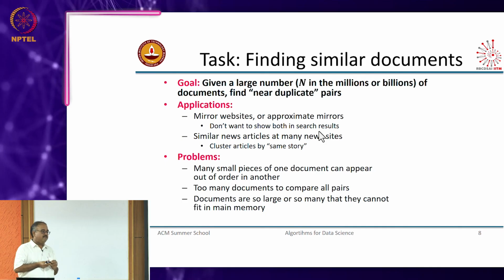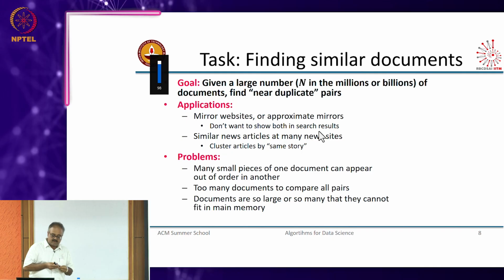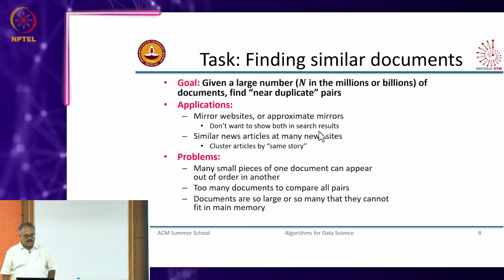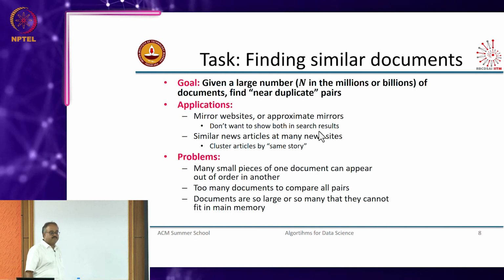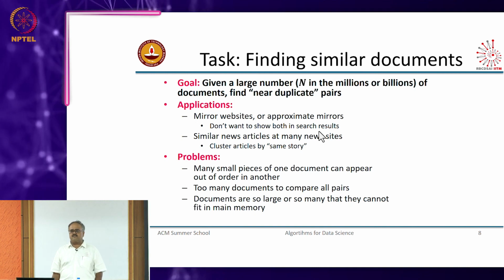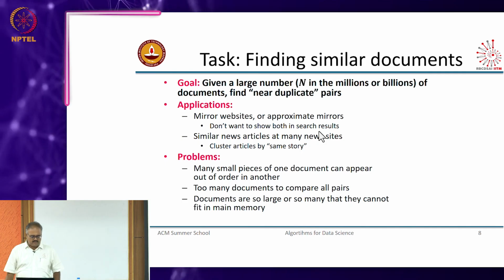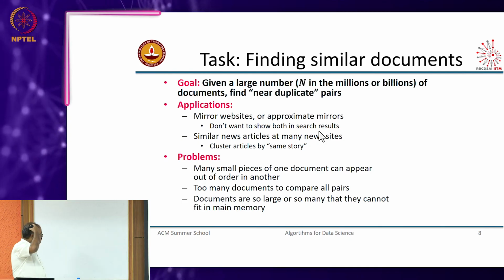And if I am maintaining a site, I would like to know if somebody else is unofficially mirroring me, right? Or if I'm searching and indexing a website, if it's a mirror website, I really don't have to search and index it all over again. I can just use whatever I have done earlier, right? So that's a couple of applications that we already talked about.